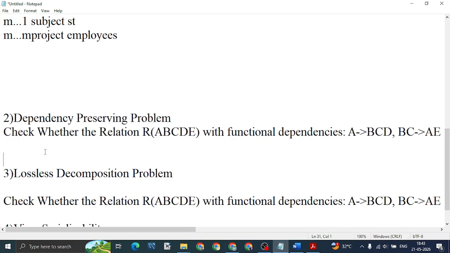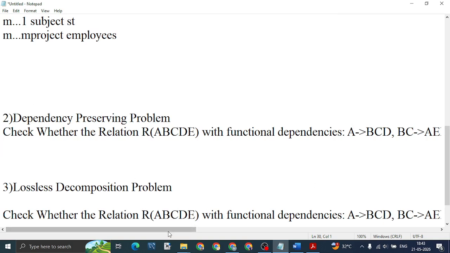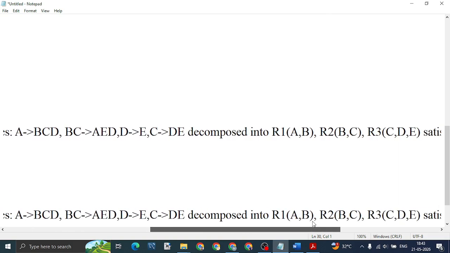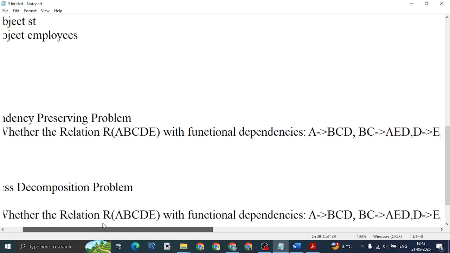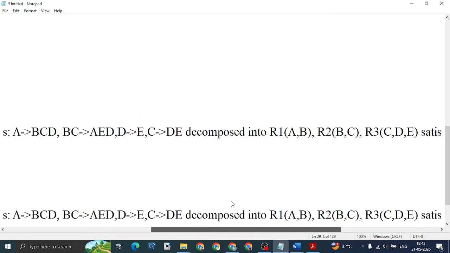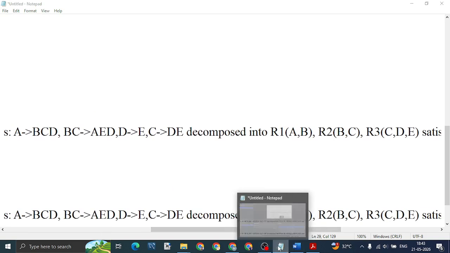Okay. So now what is the constraint I need to check? Dependency preserving means that if you are able to preserve the dependencies even after the decomposition is made, then that is considered as dependency preserving, right? So let us look into this.